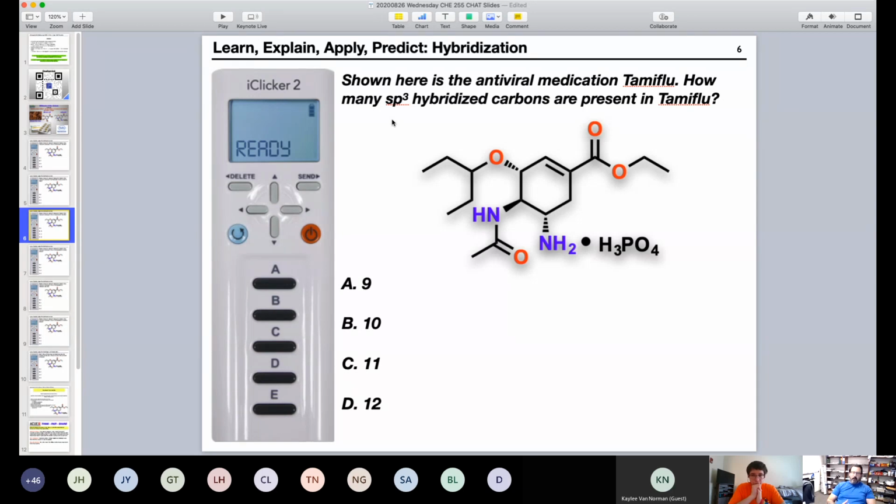So again, what is an sp3 hybridized carbon? It's a carbon that has four sigma bonds. So let's track them or map them out. 1, 2, 3, 4, 5, 6, 7, 8, 9, 10, 11, 12.